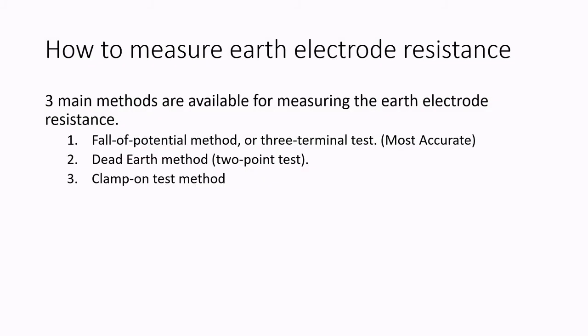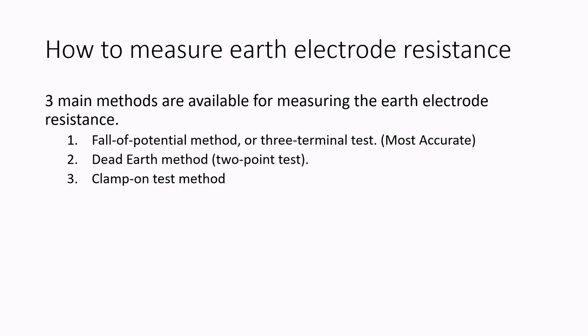In here we are going to talk about how this earth electrode resistance is measured in the industry. So there are three main methods available for measuring this earth electrode resistance. The first one is fall of potential method. This is the one we tried at our first lab exercise.